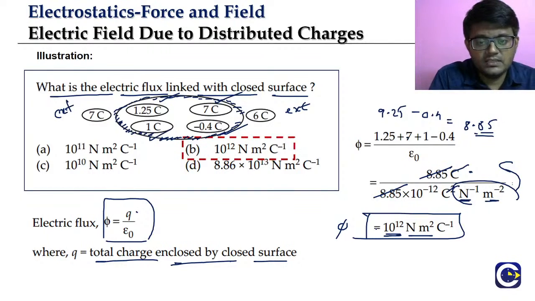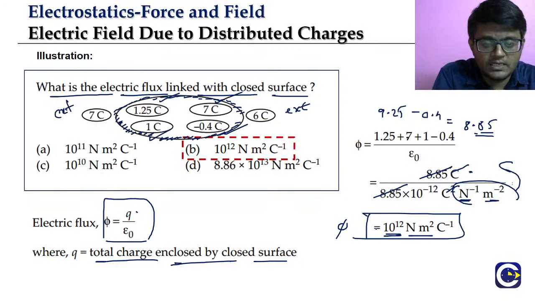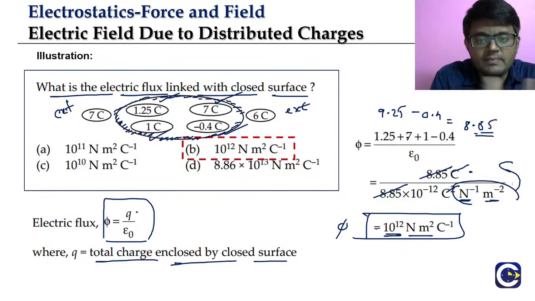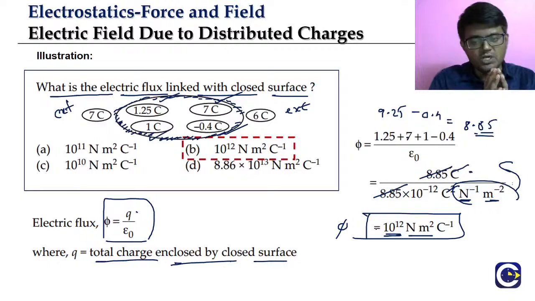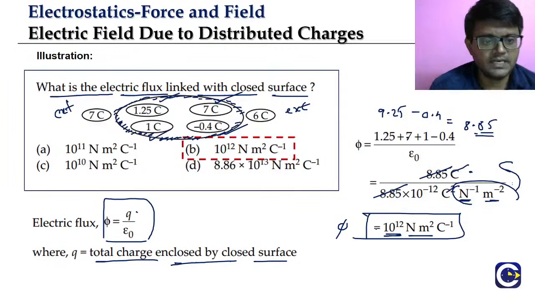The charge inside. Whatever the total charge inside the enclosed surface, if there are many charges, we have to add all the charges, like simple algebraic addition. So after adding, that is our total charge. So the total charge inside the enclosed surface divided by epsilon naught gives us the electric flux through the enclosed or closed surface. Okay?